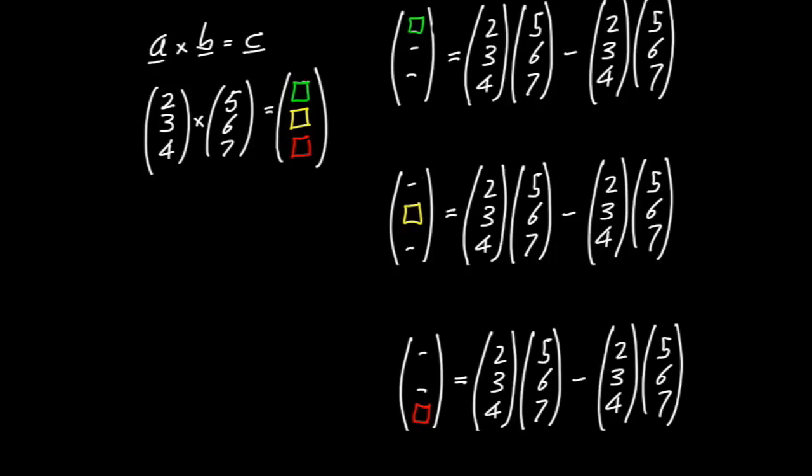Okay, so let's go ahead and work out the first component of the output vector C. Strangely enough, what we're going to do is ignore the first component of vectors A and B. So I'm just going to cross those out. Those aren't used. And we're going to multiply certain of the other components. We're going to multiply the second component of vector A with the third component of vector B. I call that the falling diagonal, because when we draw it like this, we start high and then go low.